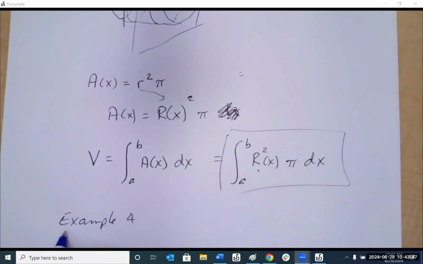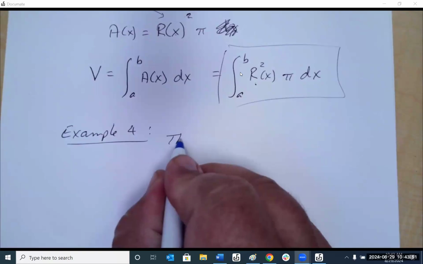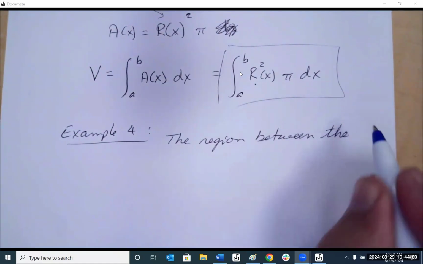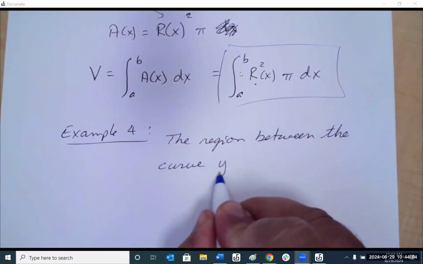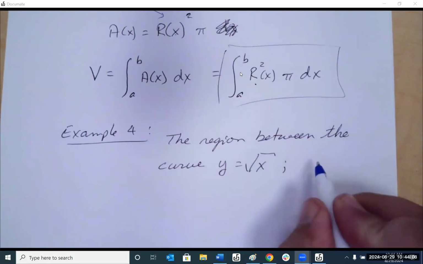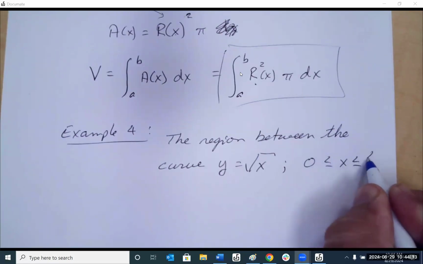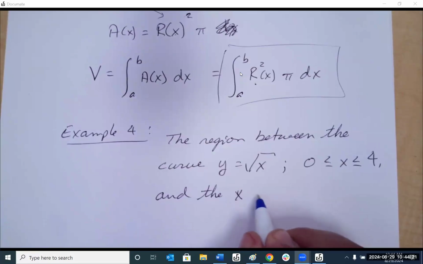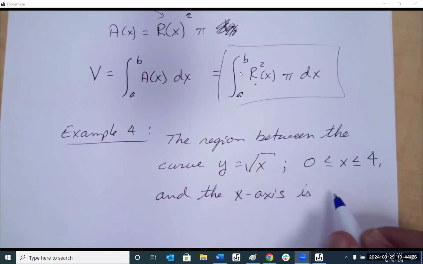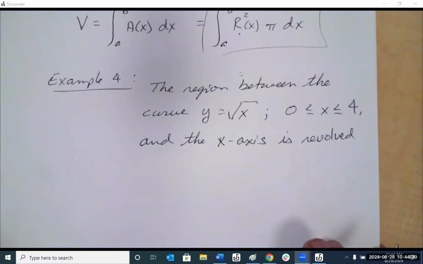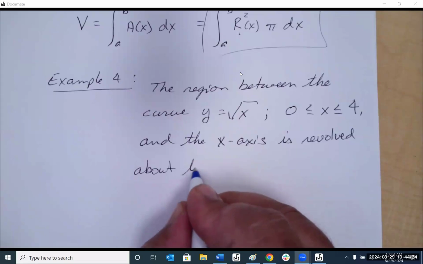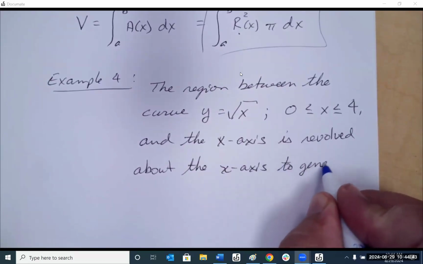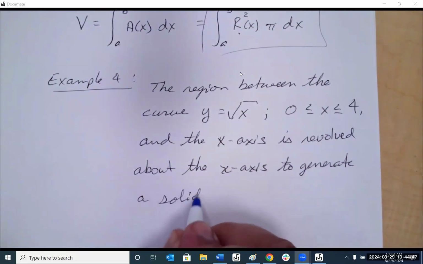So let's use this formula for this next one. The region between the curve y equals square root of x in the interval 0 to 4, and the x-axis is revolved about the x-axis to generate a solid.